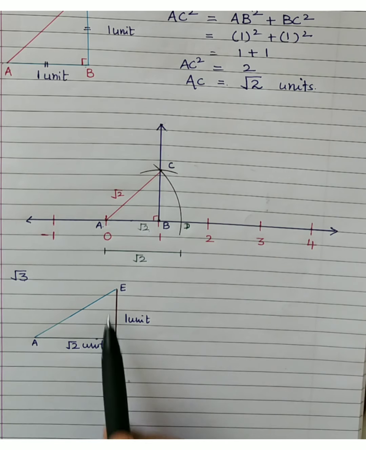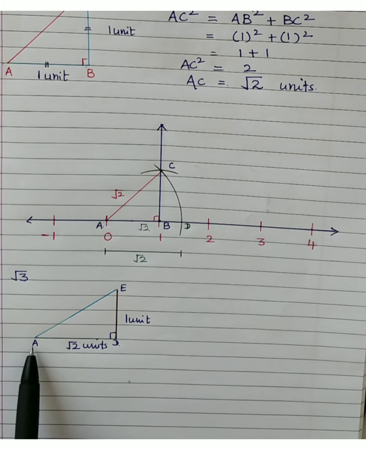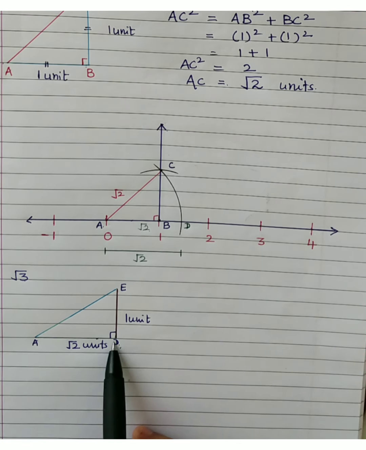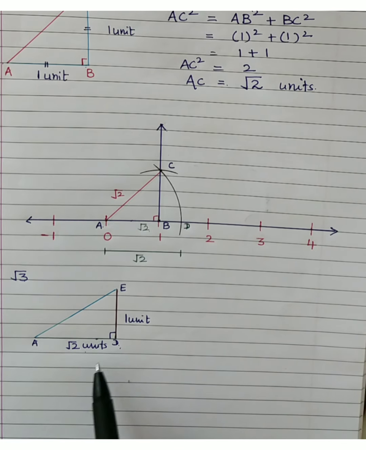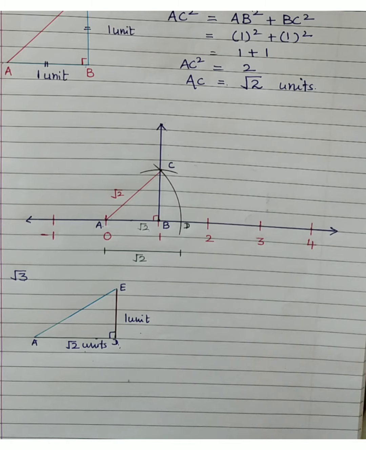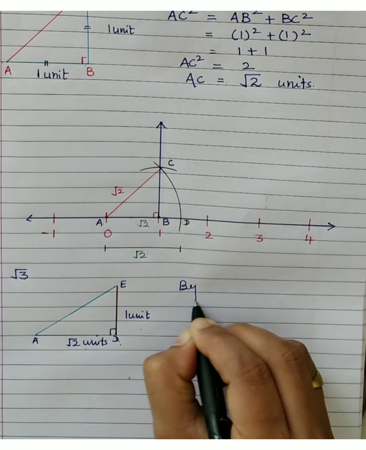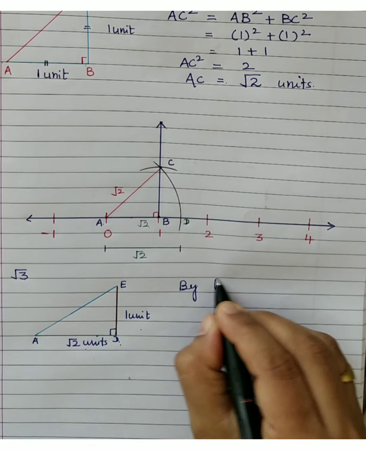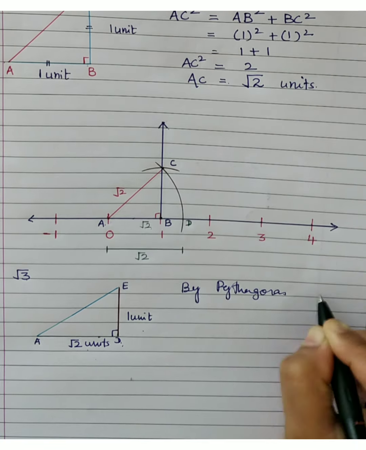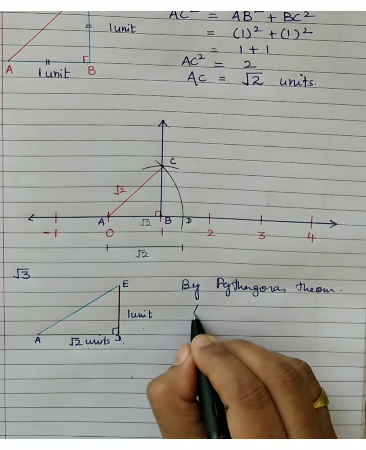Here you need to imagine a right angle triangle again, whose one side is, suppose, of length root 2 units, which is possible, you have seen just now, and another side is of 1 unit. Here also, using the Pythagoras theorem, we shall try to find the length AE. So by Pythagoras theorem, the hypotenuse is AE.